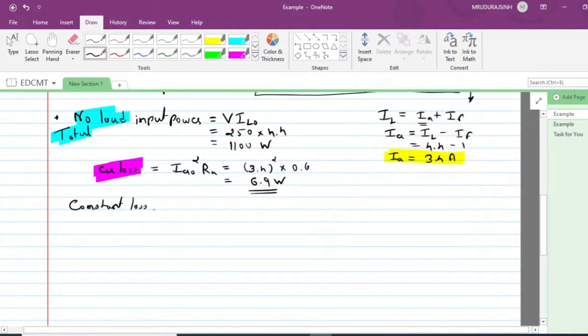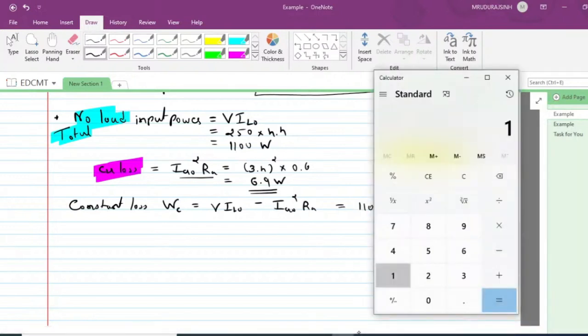The constant loss is known as WC, which is equal to input power, total no load loss, that is VIL0 minus no load copper loss, that is Ia0 square into Ra, which is equal to 1100 minus 6.9.